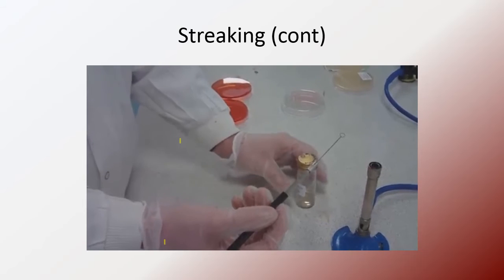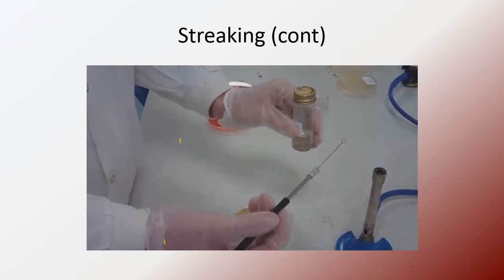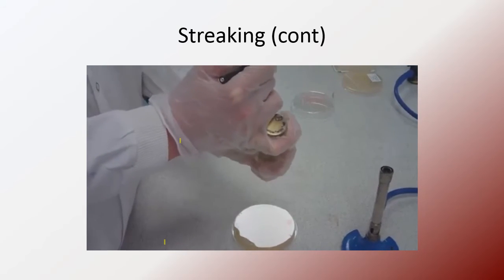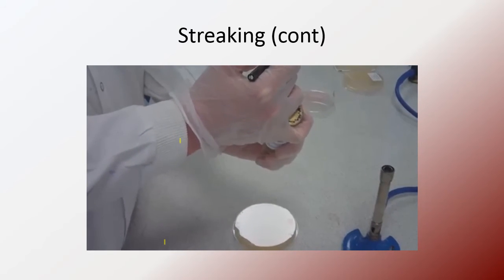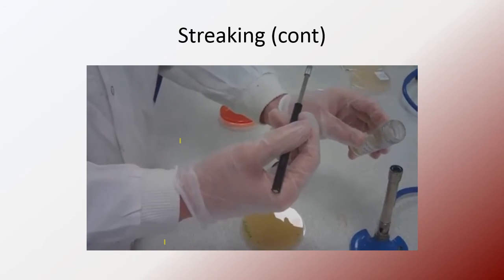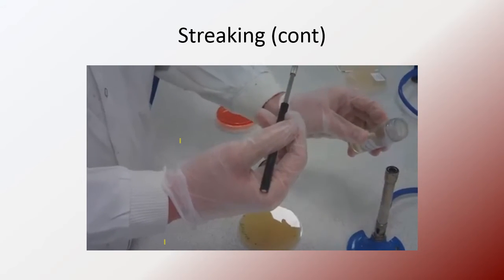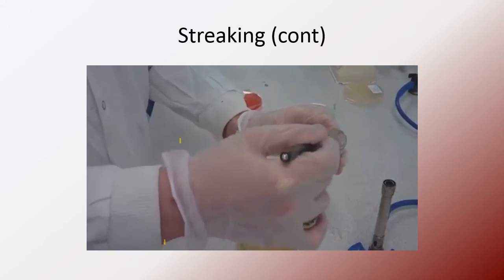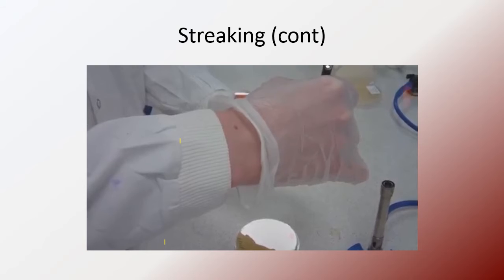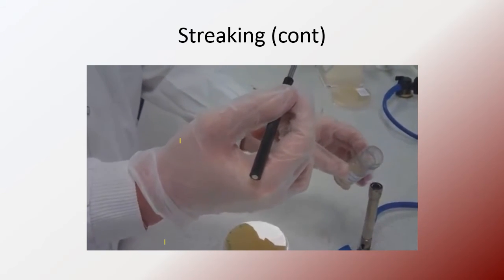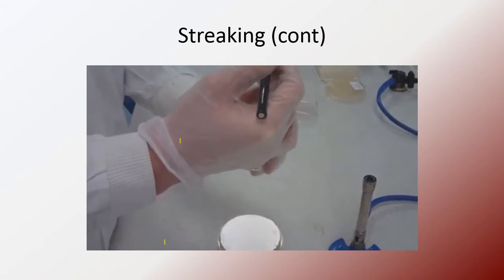Without putting the loop down, lift the test tube containing the inoculum with your left hand and remove the cap of the bottle with the little finger of your right hand. Pass the neck of the bottle through the flame 2 to 3 times so it becomes sterile. Once the bottle is sterile, put the loop into the suspension without touching the sides of the bottle. Remove the loop and reflame the neck of the bottle before closing the lid to sterilize.